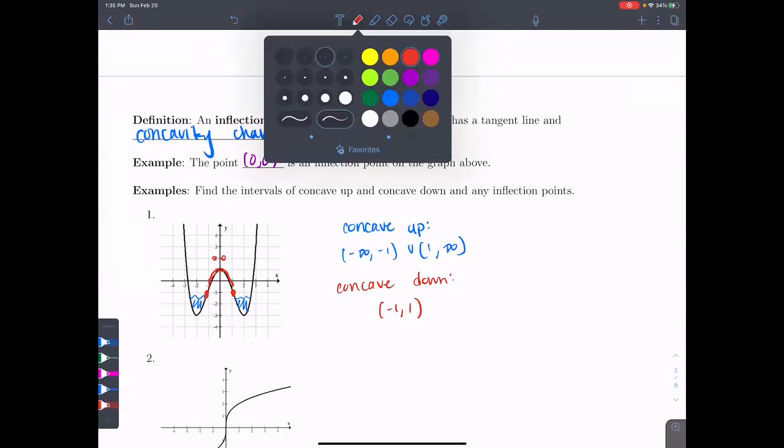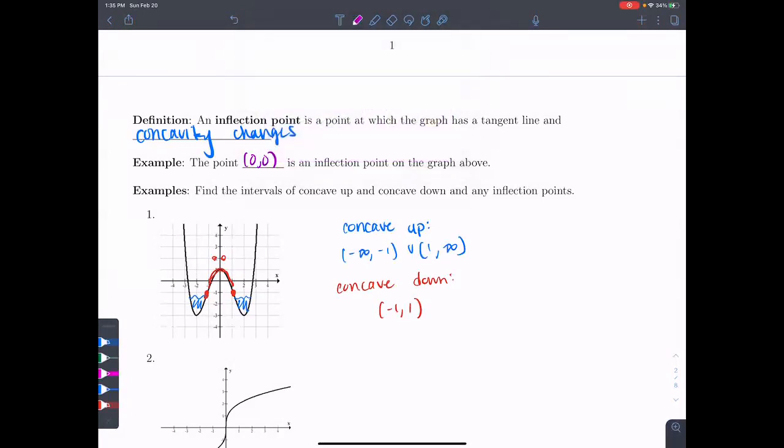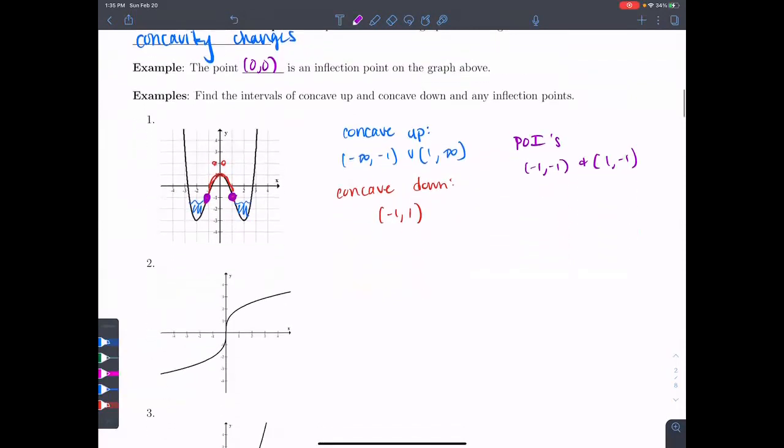Your points of inflection, I'm going to color those in purple. This is a POI and this is a POI, at -1 and 1. All right, let's keep going.